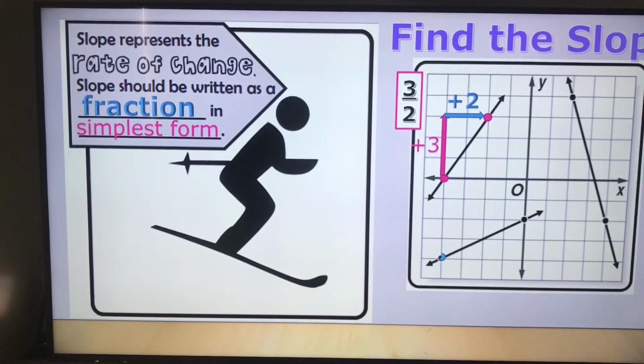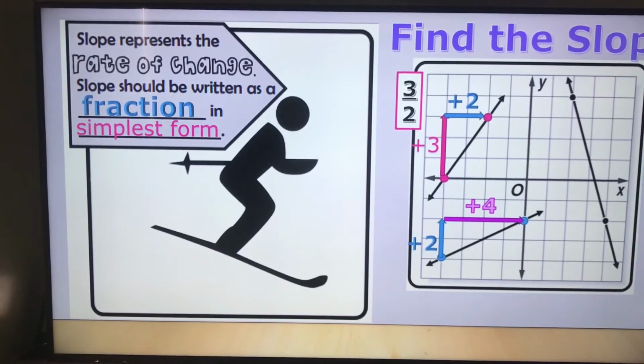Let's take a look at this one. I'm drawing my little blue dot if you can see it. So I'm starting at the left, and I'm going to rise 2. Then I'm going to run to this dot. But I am running 4. Both directions are positive. Up and right are positive. Look at my line.